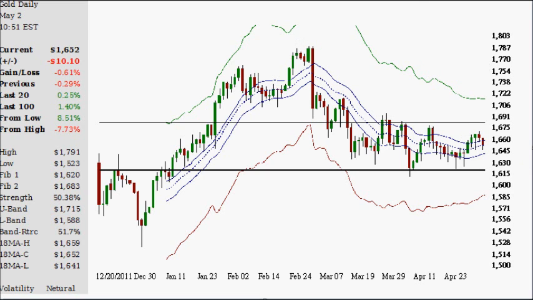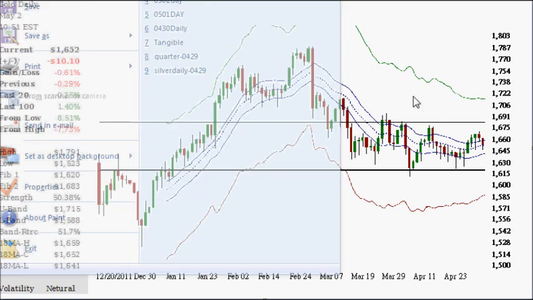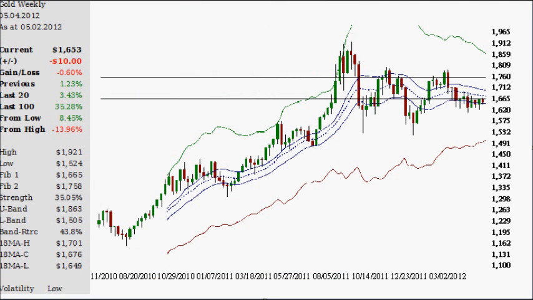Now let's take a look at this on a weekly chart. And I guess we can go a good news, bad news kind of ordeal. The bad news is that it's been resisting this little area for quite some time now, really a couple of months.